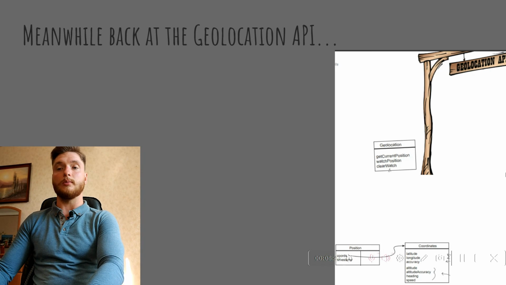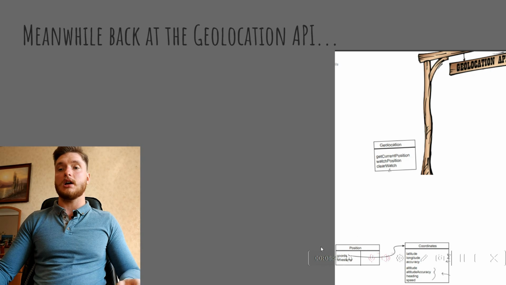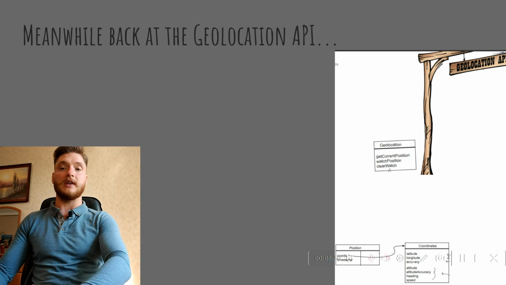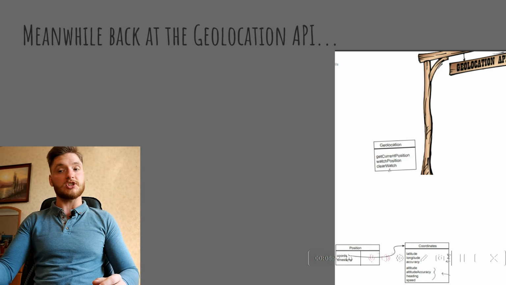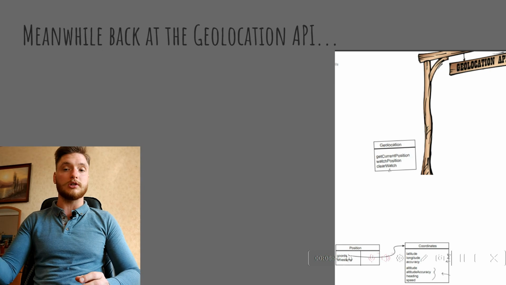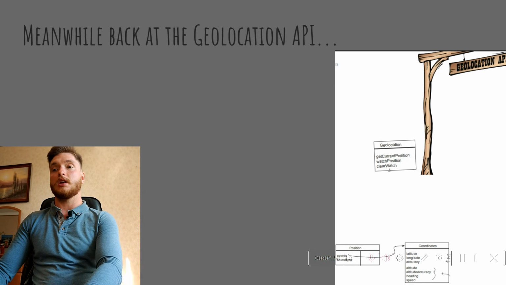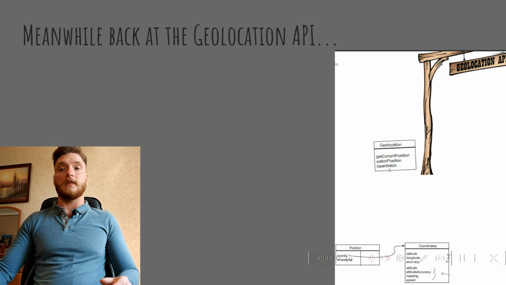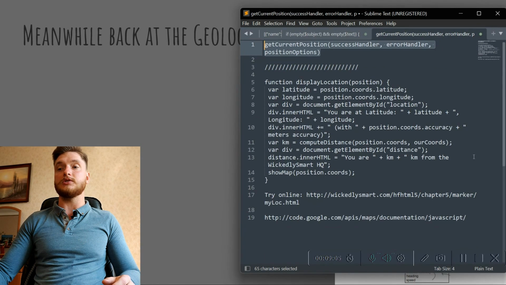We know about the coords property, but there's also a timestamp property that contains the time the position object was created. This can be useful for knowing how old the location is. And there's another parameter we haven't used yet that allows us to fine-tune the behavior of geolocation.